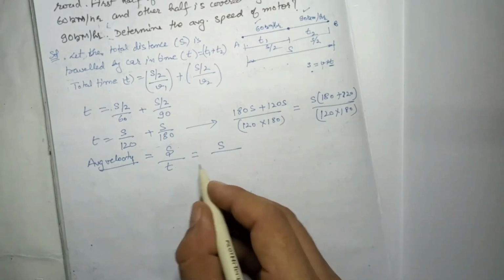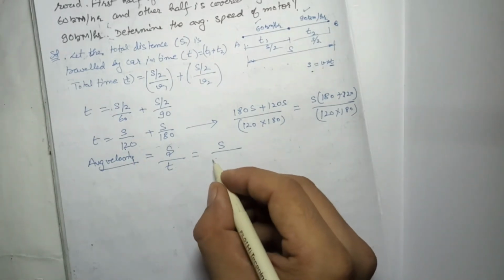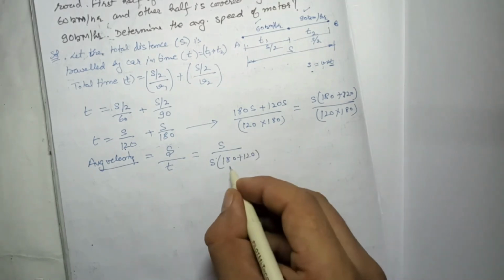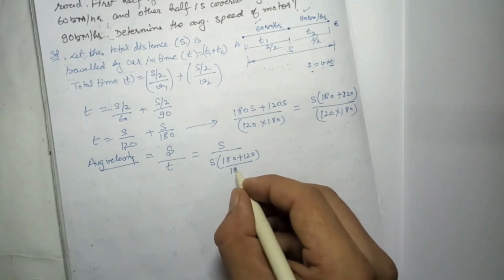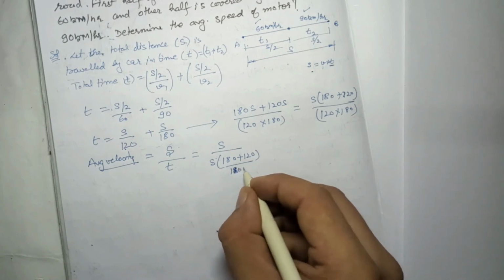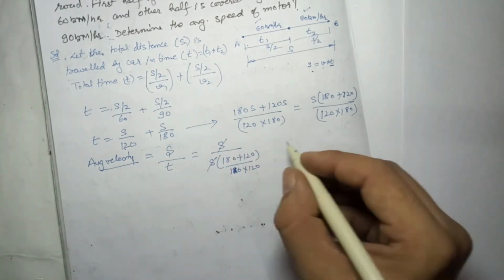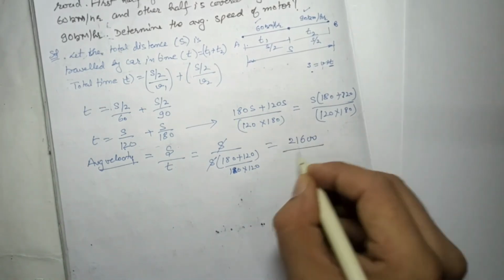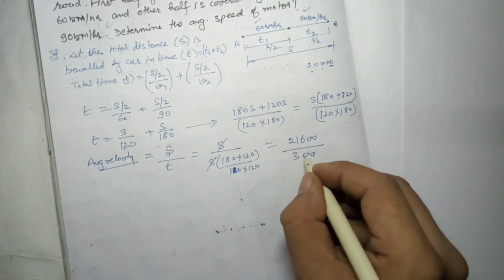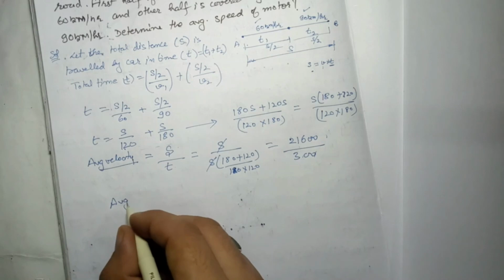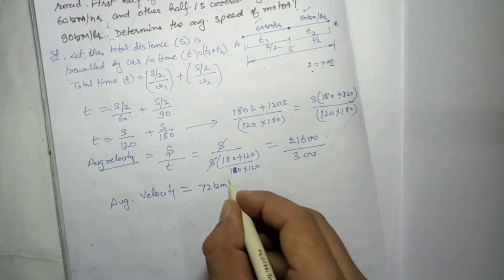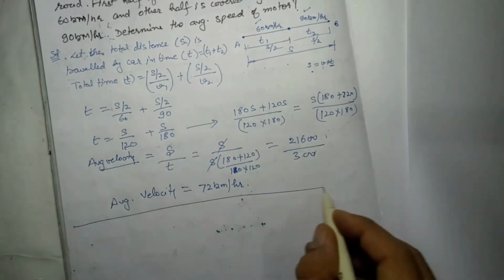So the total time is s into 300 divided by 180 into 120. The s's cancel. Now if I multiply, it is 21600 divided by 300. When I sort it out, the average velocity comes equal to 72 km per hour. So in this way we can solve the question.